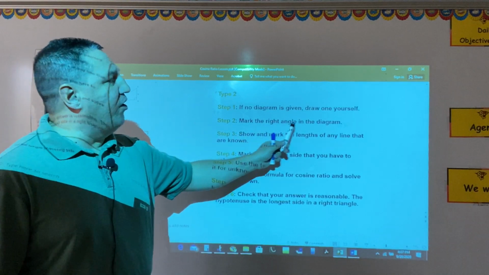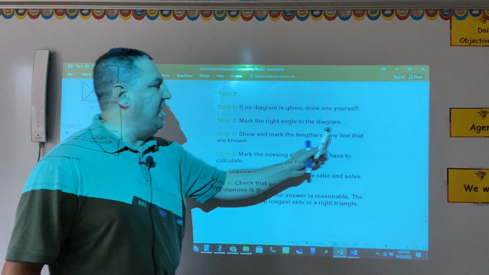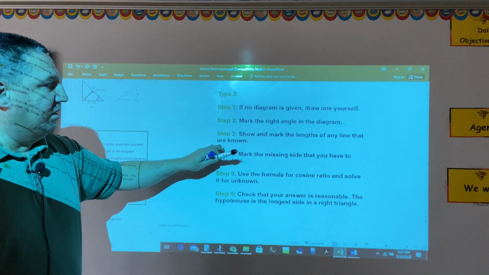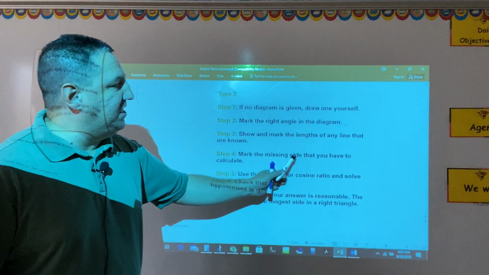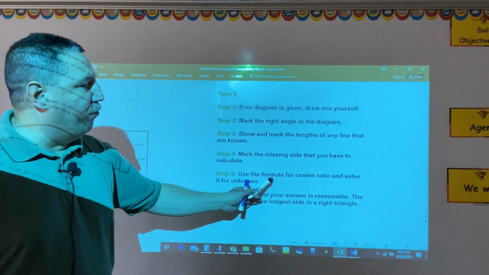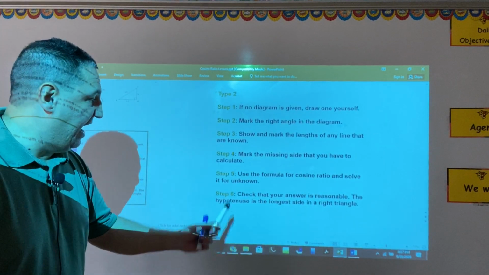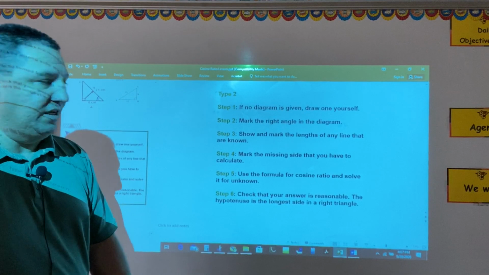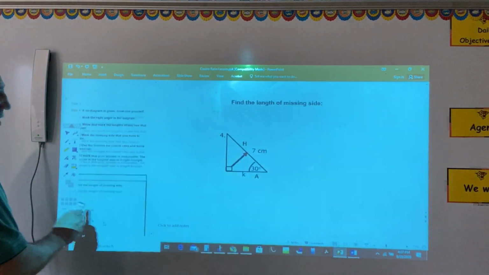Step 2, mark the right angle in the diagram. Step 3, show and mark the length of any lines that are known. Then step 4, mark the missing side that you have to calculate. Use the formula for cosine ratio and solve it for the unknown. And check that your answer is reasonable. Good.